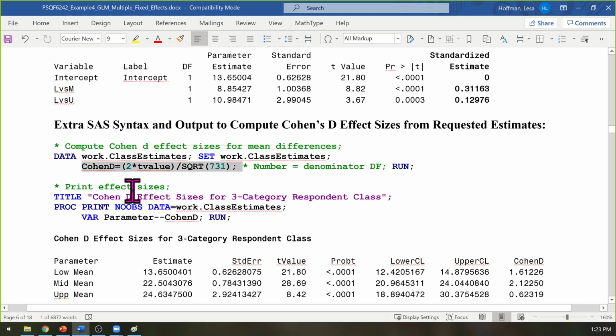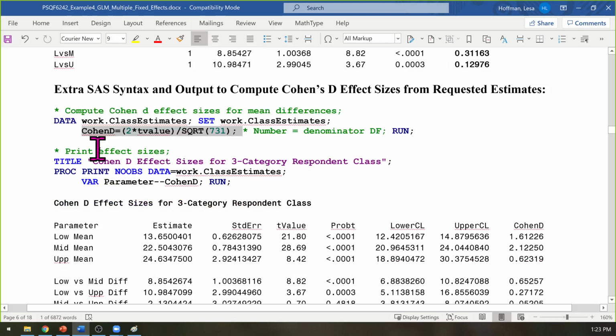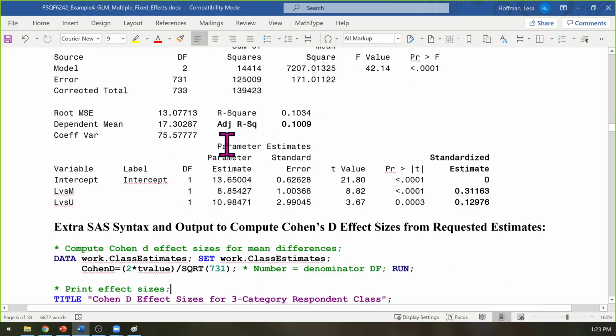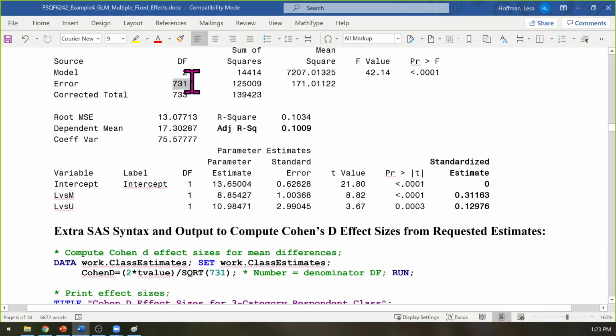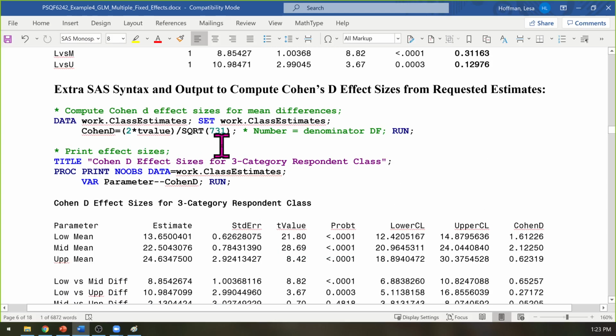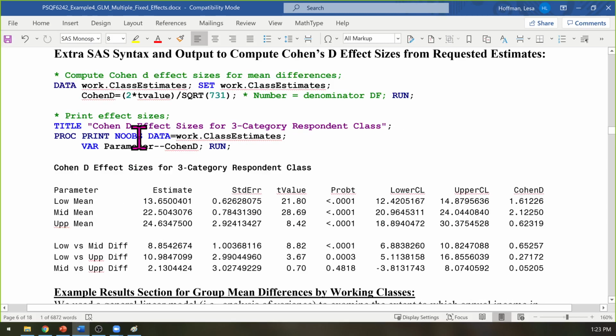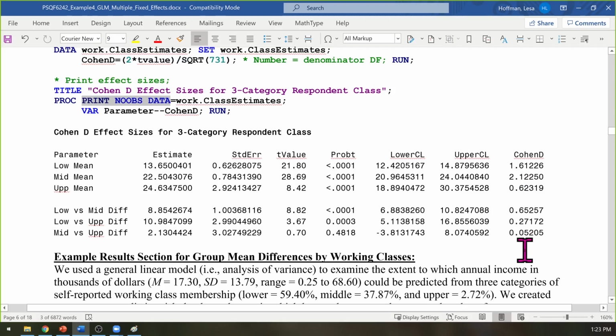So here's the formula to compute Cohen's D. It uses the t-value from the analysis multiplied by 2, divided by denominator degrees of freedom, 731, which is up in my table here. So that's where that number comes from. And so I computed the D's for each of the effects that I requested in the estimate statements from GLM. I asked it to print them out, and so the very last column here is what I ended up with.